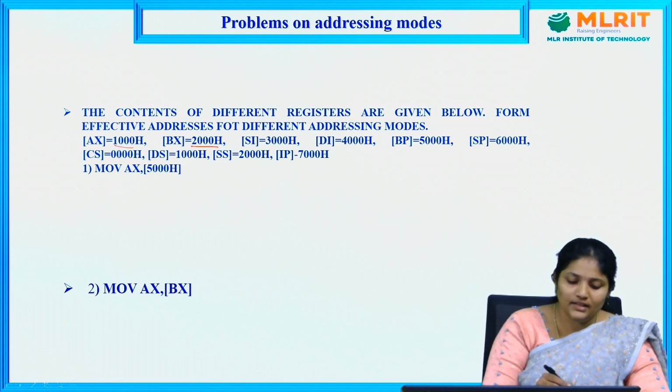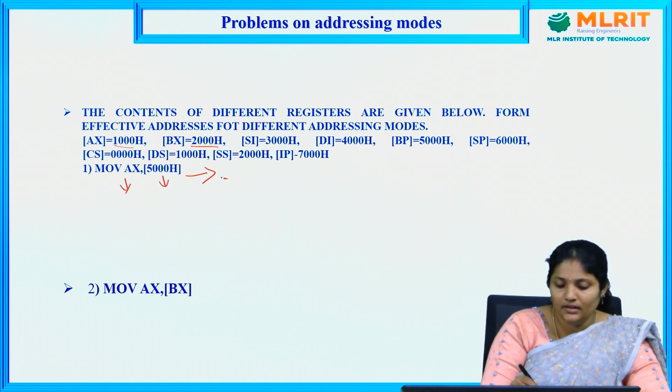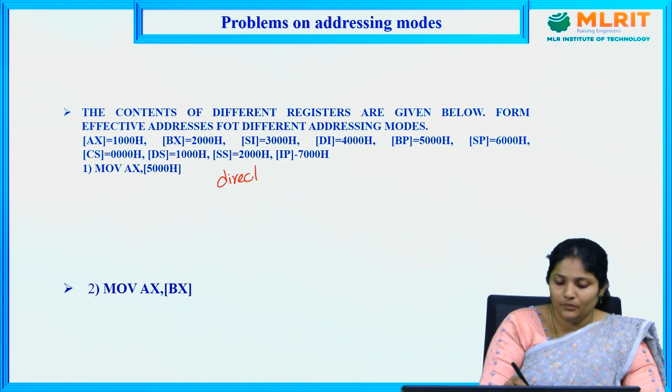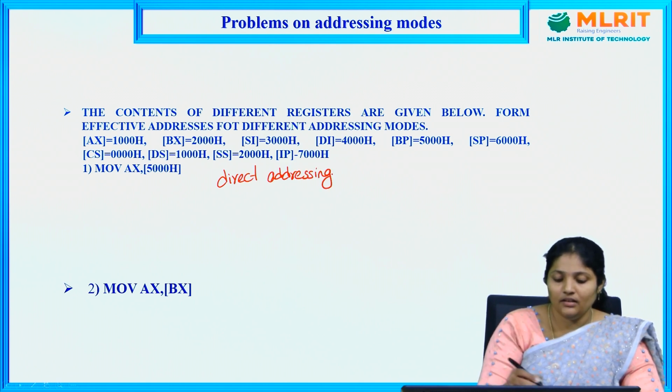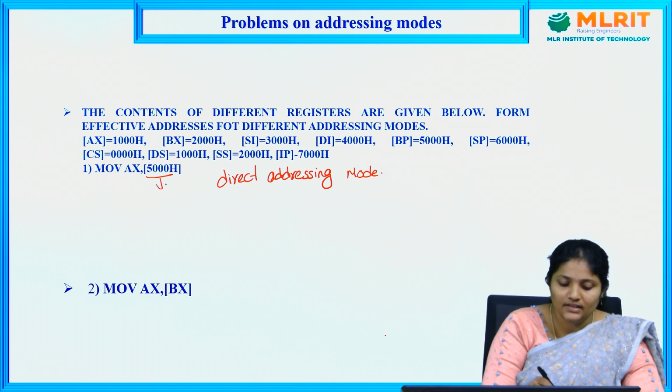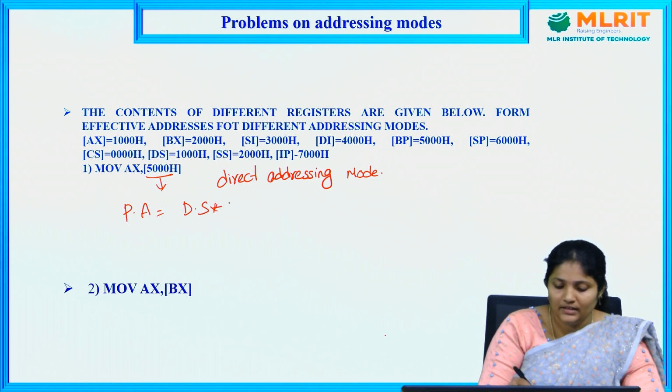In this case, this is nothing but direct addressing mode, where the address has been given in this particular instruction. So how to calculate? We need to consider this as the effective address. How will the physical address or effective address be calculated? Data segment multiplied with 10H, and you add the offset address.